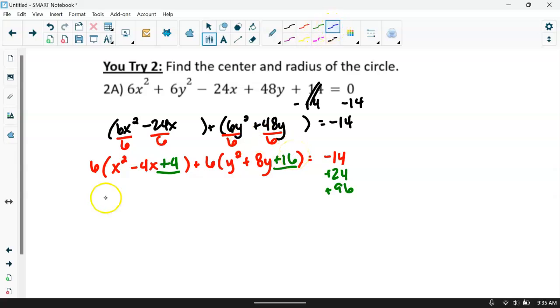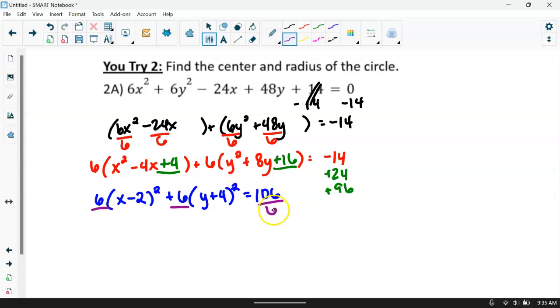So now here, when I rewrite this, I've got 6, then x minus 2 squared plus 6 times y plus 4 squared is equal to 106. Then remember, right, we can't have this value of 6 here for standard form. So now divide by 6.